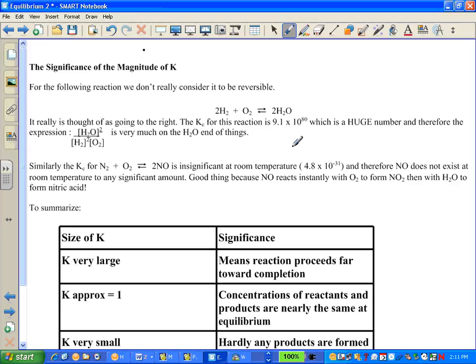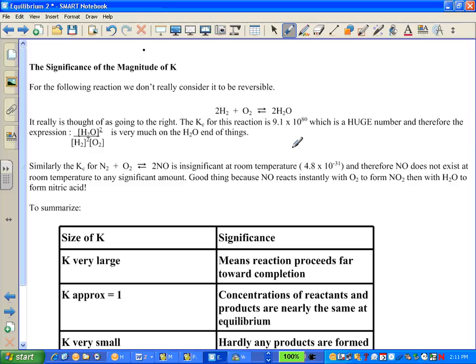If you've ever done a hydrogen test where you add a burning splint to a sample of hydrogen, you'll remember that it makes the sound pop. Okay? This is actually the reaction that's happening in that case. The hydrogen is reacting with the presence of a spark with the oxygen in the air. And if you ever look really closely, you'll see condensation forming when you do a hydrogen test.